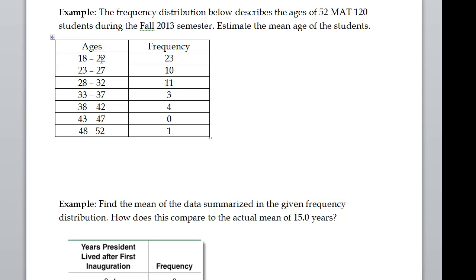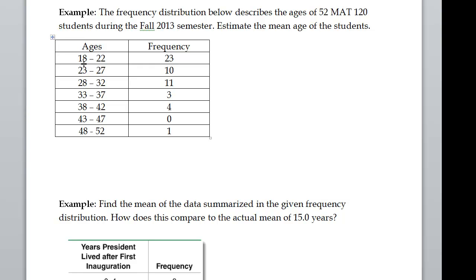These are the upper class limits. So 23 minus 18 gives me 5. 28 minus 23 is 5. You could also do consecutive upper class limits, consecutive class midpoints, consecutive class boundaries, consecutive whatevers. Just don't do upper class limit minus lower class limit, because that'll be wrong. So that's our class width.